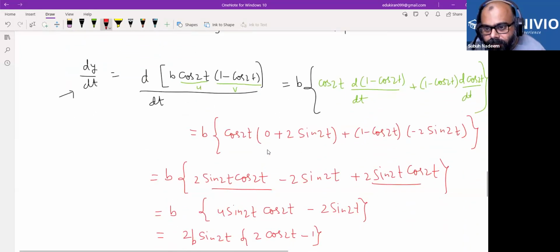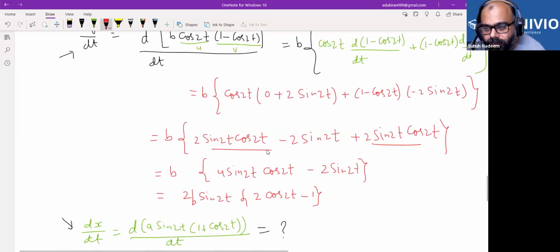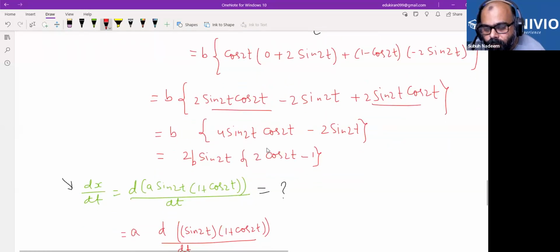So it became this. Okay, so that calculation is fine.